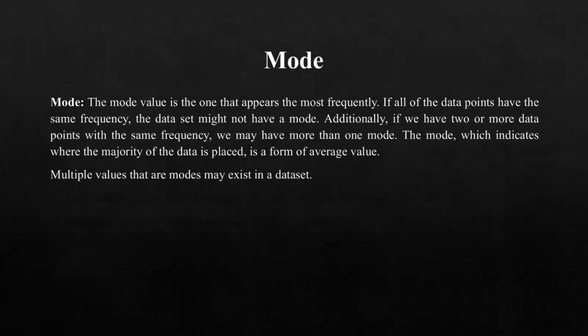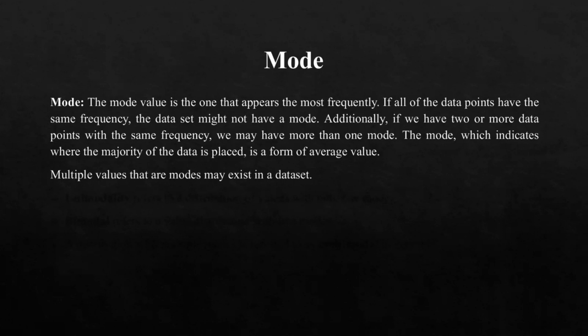Next we have mode. The mode value is the one that appears the most frequently. If all of the data points have the same frequency, the dataset might not have a mode. Additionally, if we have 2 or more data points with the same frequency, we have more than one mode. The mode, which indicates where the majority of the data is placed, is a form of average value.